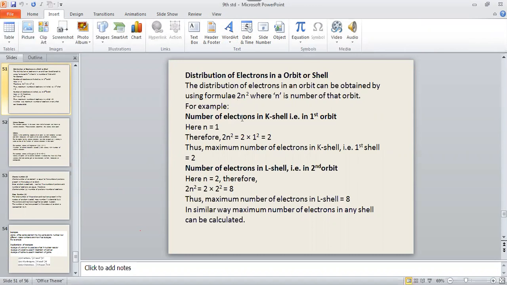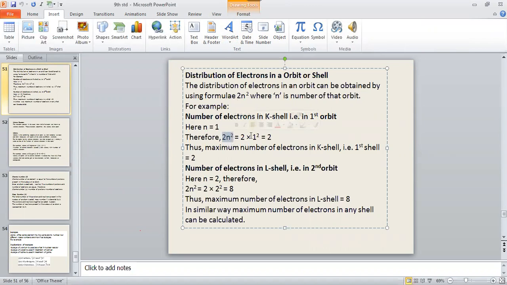So the number of electrons in the first shell, that is the K shell, can be calculated with n equal to 1 by substituting in the formula 2n square. So 2 into 1 square is equal to 2. Therefore, the maximum number of electrons in the K shell, that is the first shell, is 2. The number of electrons in the L shell, that is the second orbit, here n is equal to 2.